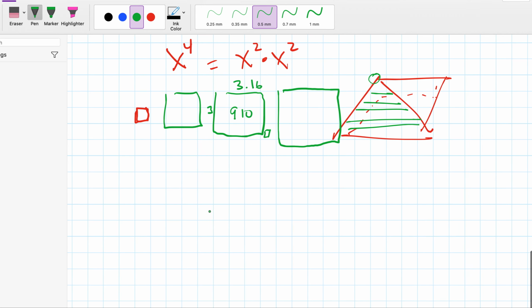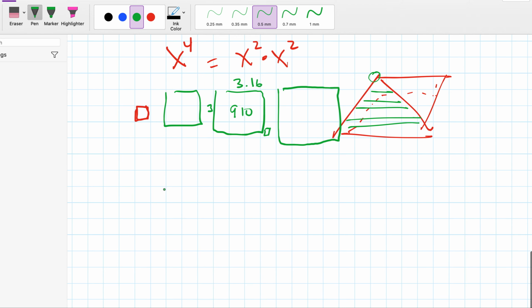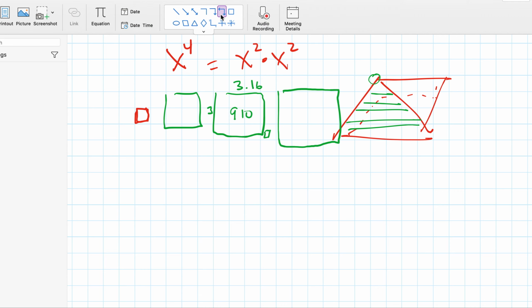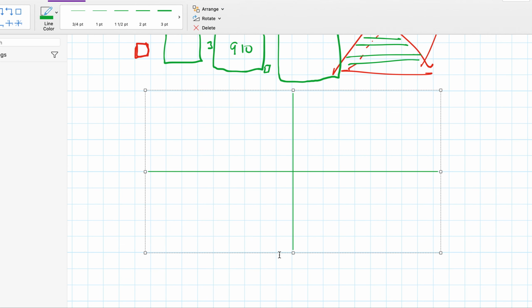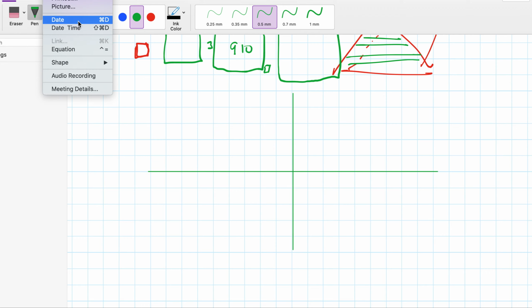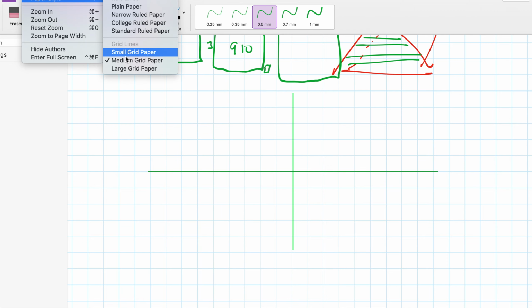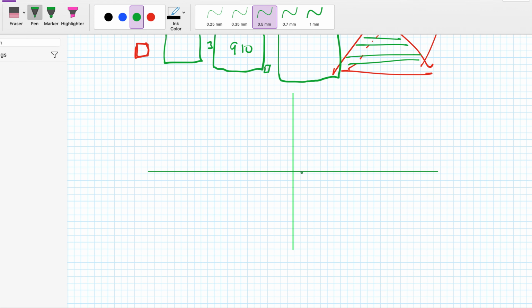So another thing to consider when looking at squares is the graph of a square. The reason that a graph of a square makes something called a parabola, in that curving shape, is because we're essentially asking, for each side of this type of square, how many squares will be in the middle? Let me show you what I mean. If this is a 1 by 1, we have x squared.